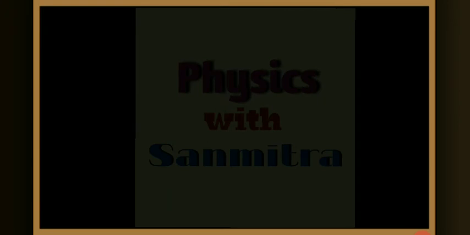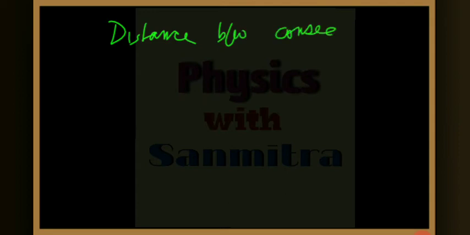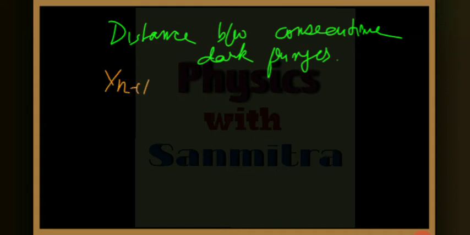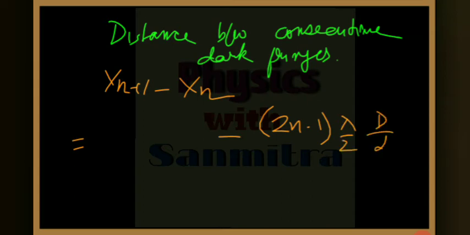Now, let me show you what is the distance between consecutive dark fringes. That will be xn plus 1 minus xn. What was xn? xn was 2n minus 1 lambda by 2 capital D by small d.